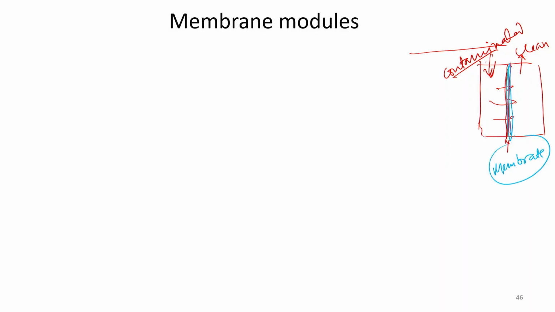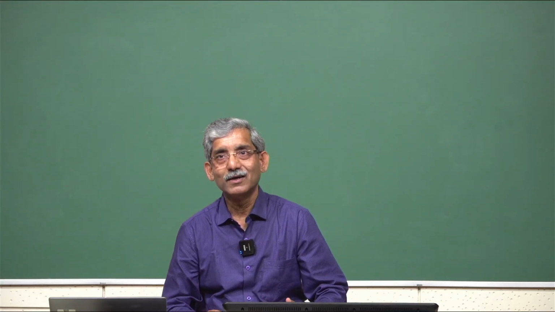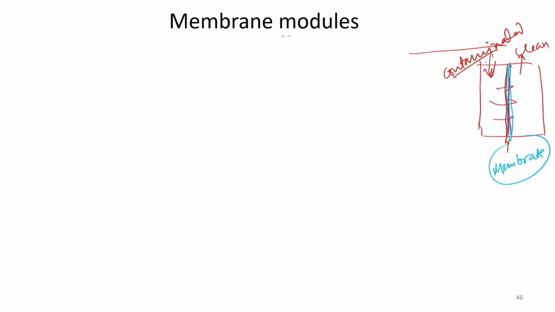Now, how will you put this membrane? For that we need a mold. There are different types of molds where we can place the membrane in a proper position and location, so that water or any liquid can be filtered out.